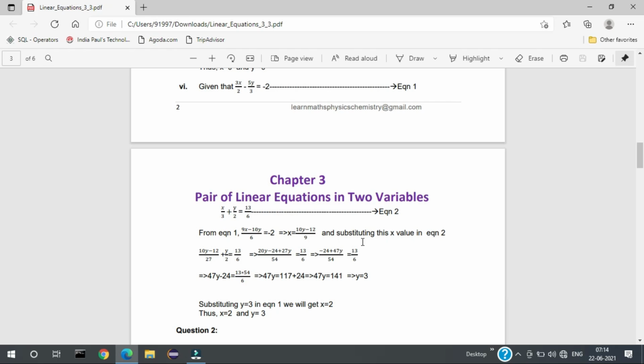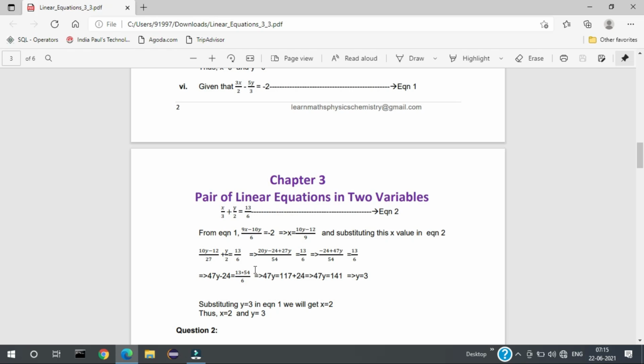And substituting this x value in equation 2. So, (10y minus 12) by 27 plus y by 2 equals 13 by 6.